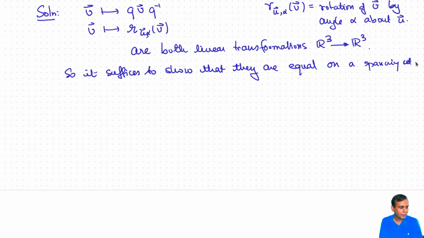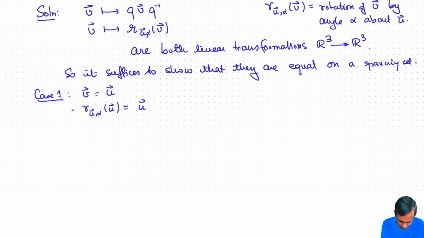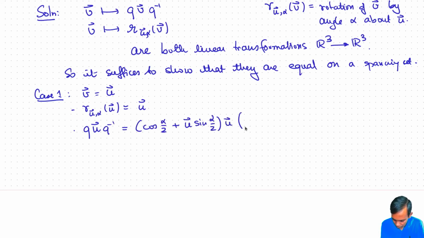So to start with, we will take case 1 where v is u itself, the unit vector u. So in this case, of course, R_u,alpha of u: if you rotate u about the axis u, it doesn't change at all, so that's u itself. Okay, so we need to just calculate Q u Q inverse. So that's cos alpha by 2 plus u sine alpha by 2, times u, times cos alpha by 2 minus u sine alpha by 2.